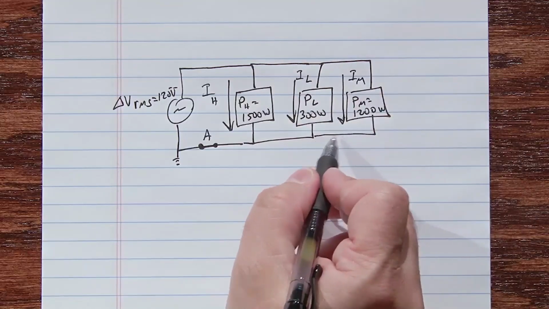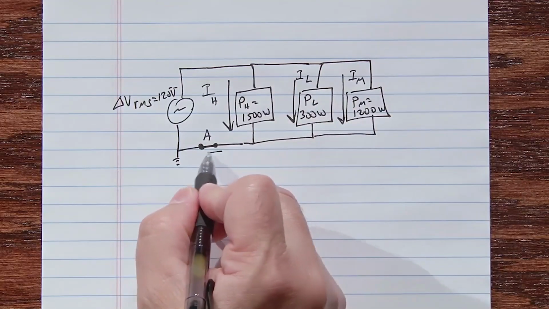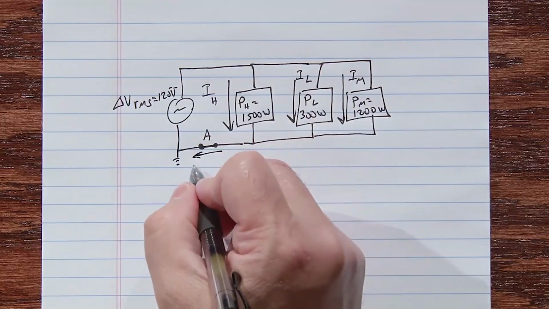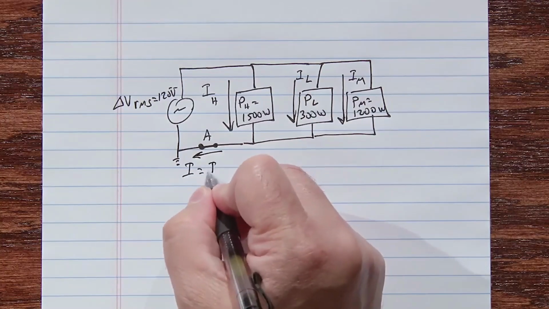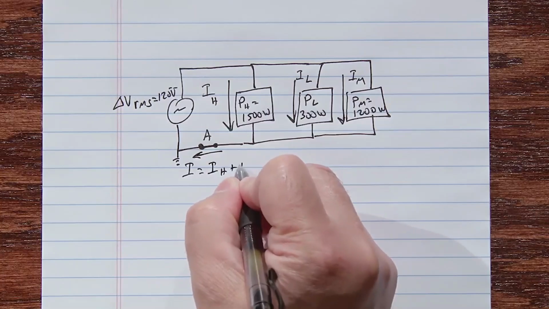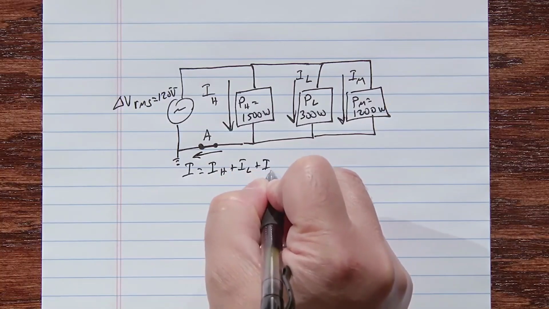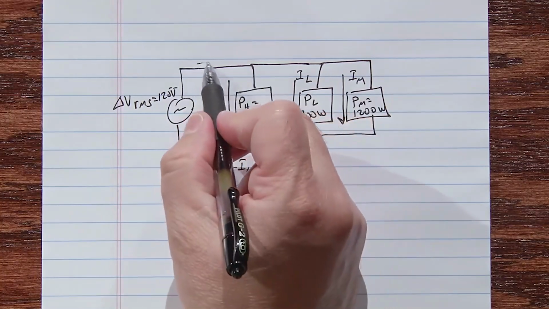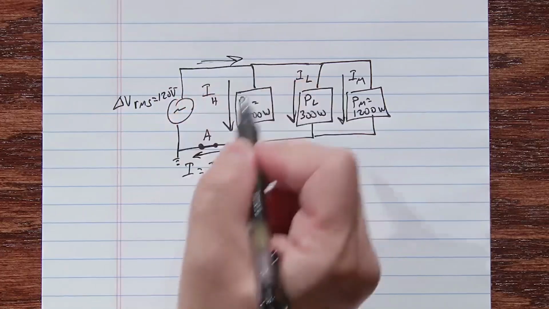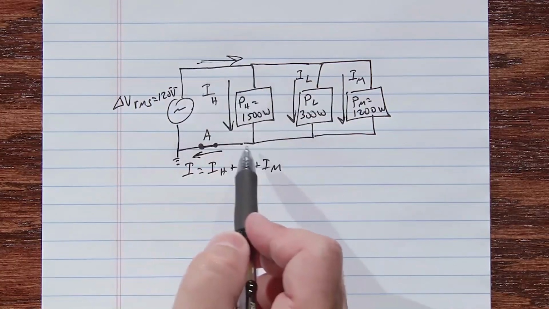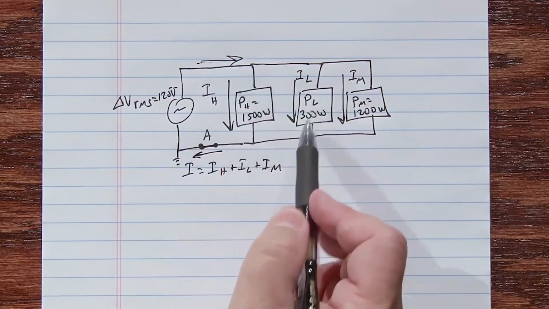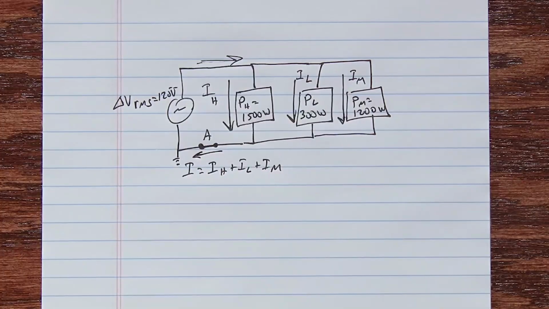And all three of these join up to flow through the circuit breaker. So the current at the circuit breaker is equal to I heater plus I lamp plus I microwave. So all of that current comes from your electrical outlet, and returns to your electrical outlet after flowing through these different appliances.